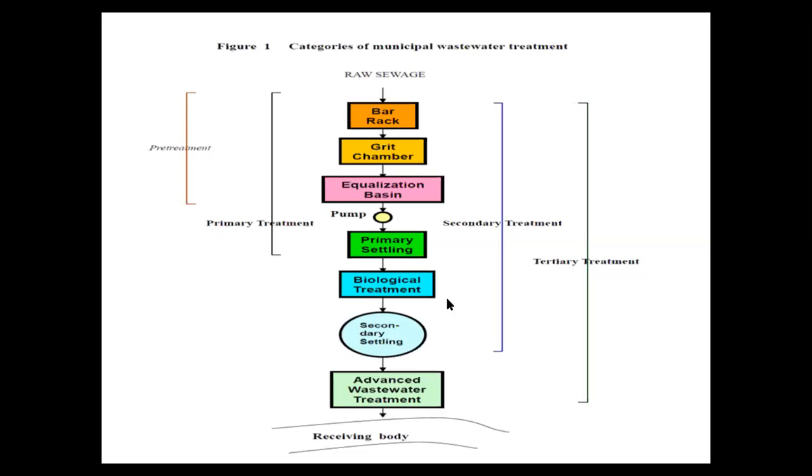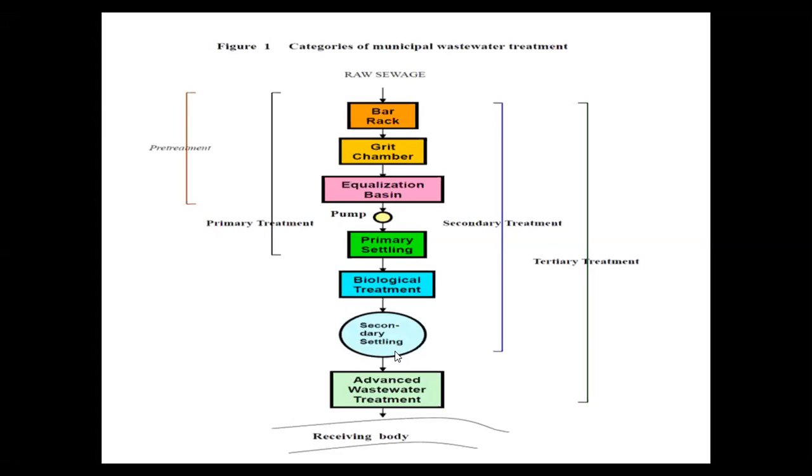But while passing that passage, it will get naturally treated. Once it is naturally treated, that water we can use as a raw water source for the water treatment plant. Are you getting this cycle?